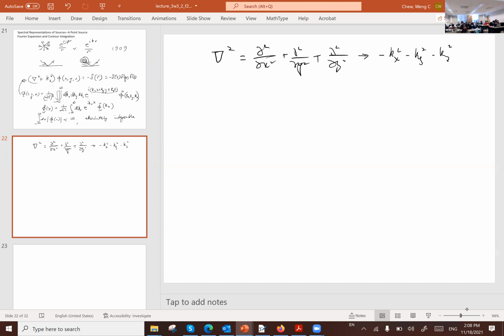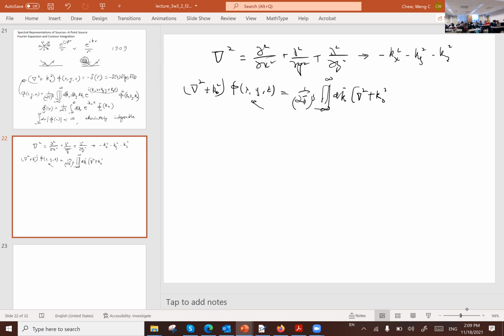So I have this integral. It has two terms, x, y, z, and I expand this in terms of a Fourier transform. And then I've changed the order of differentiation and integration so that I write this as dkx, dky, dkz, and then I have Laplacian squared plus k naught squared.